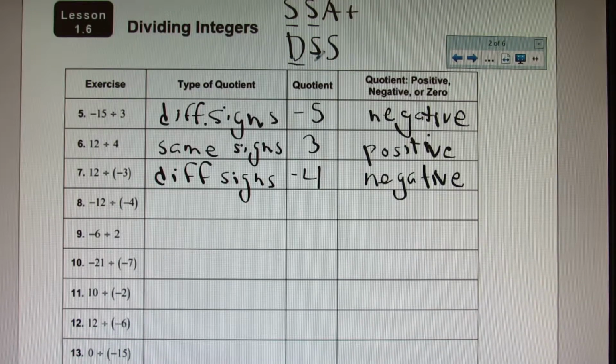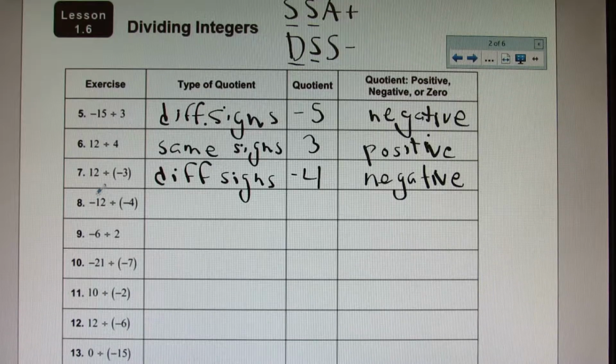If I have different signs, like I did on the last example, I'm not going to subtract them, I'm going to divide, but my answer will be negative, which kind of looks like a subtraction sign. So the same kinds of rules can be similar and remind us just about the signs. That's all we really need to worry about when we're multiplying or dividing. It's just the signs. The math is exactly the same.